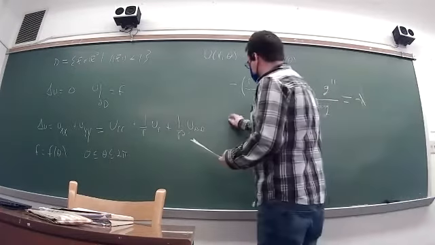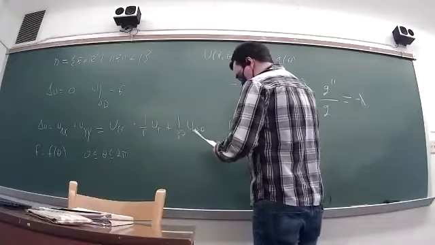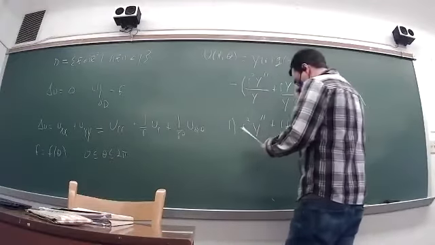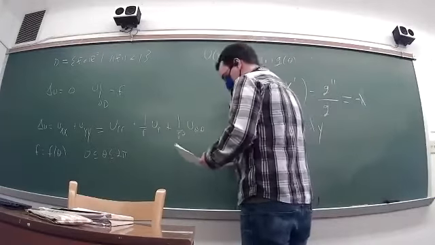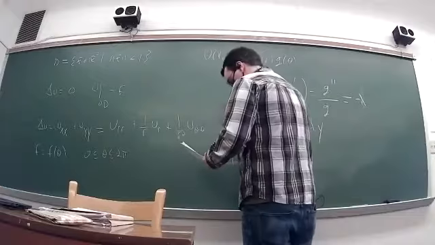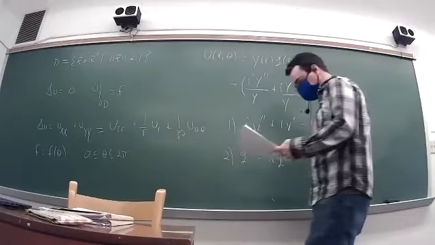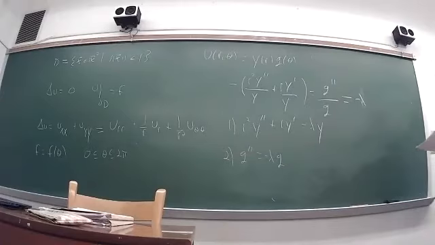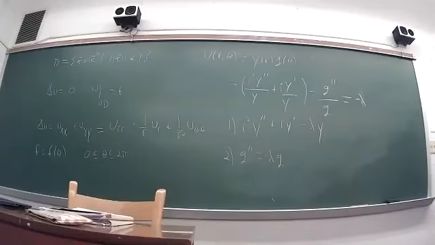So this gives you two equations: r squared y double prime plus r y prime equals lambda y, and secondly, g double prime equals minus lambda times g, just setting both of these individually equal to minus lambda.